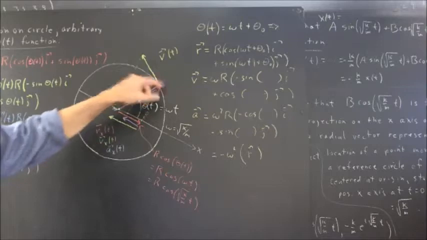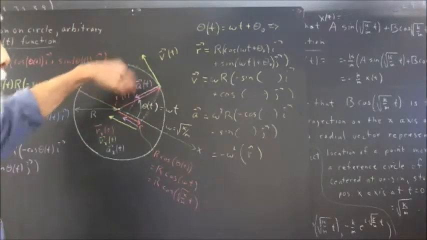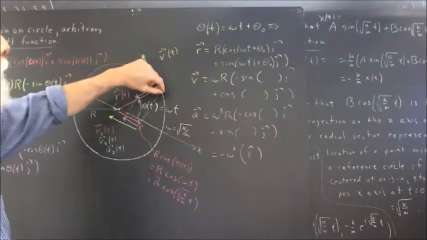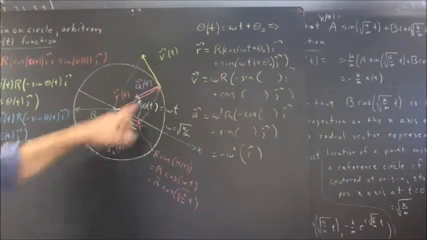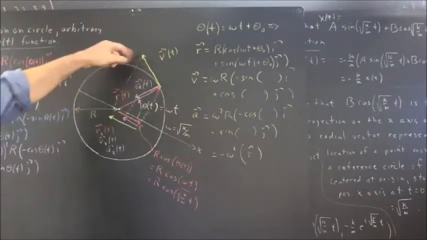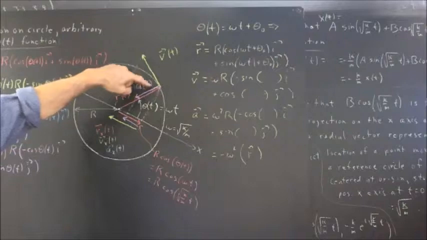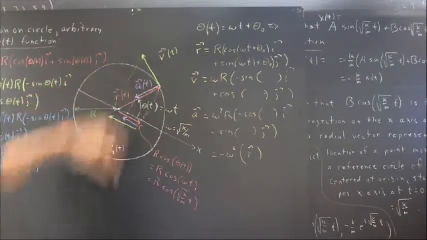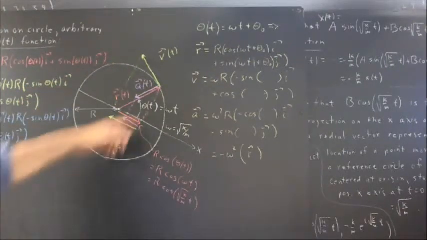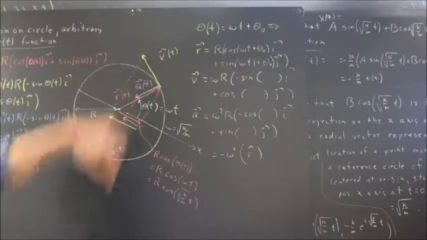If the quantity representing the radius of the circle is just a displacement, then v of t is going to be a velocity. It's going to be tangent to the circle, and the scale of v of t has nothing to do with the scale of r of t or with the scale of a of t. A of t being just the centripetal acceleration vector of this point moving around the circle.